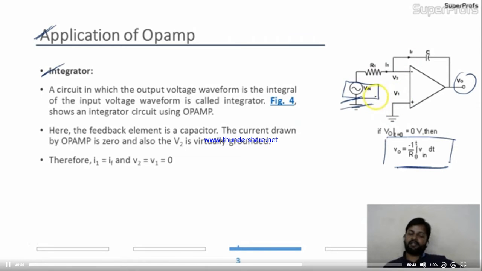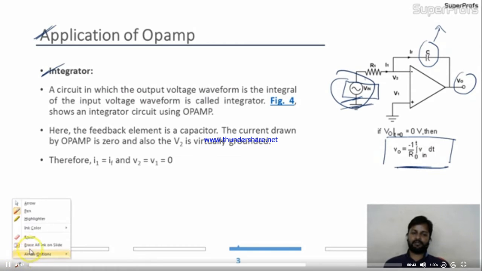How it's coming, we can derive, but let's check the circuit. We are introducing a capacitor in the feedback path. By introducing this capacitor, the input will be integrated over a period of time, and at the output we'll get the integration of the input because of this capacitor only.